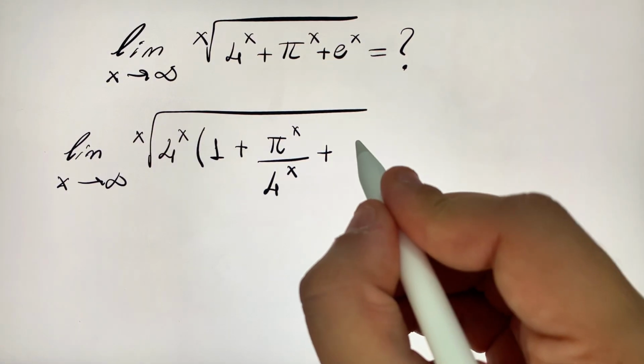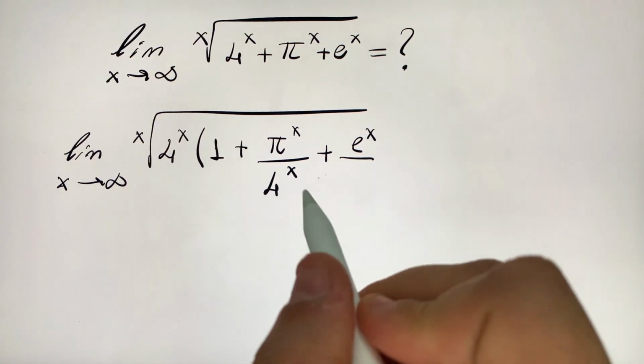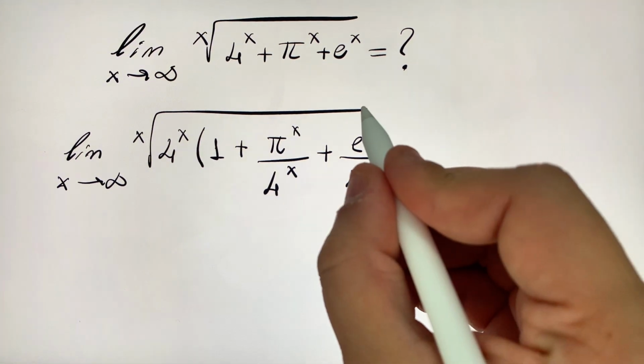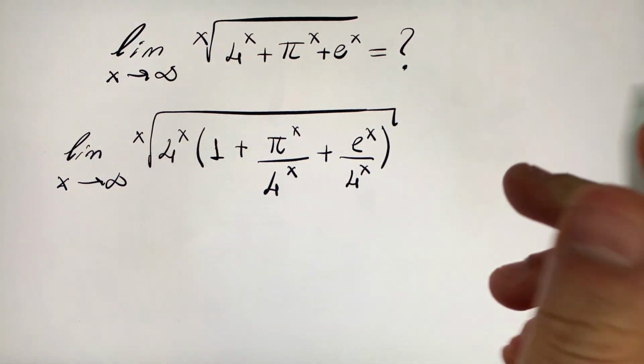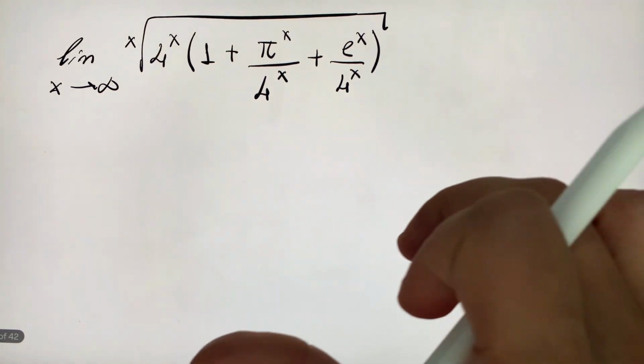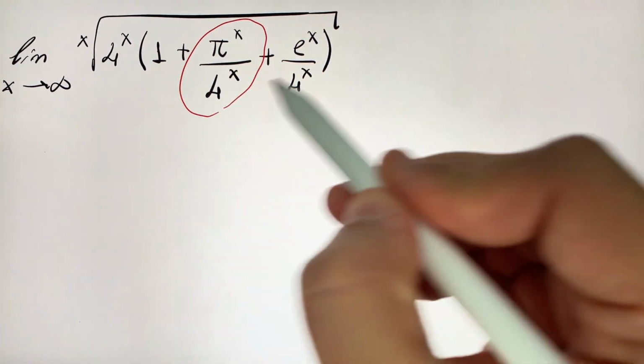Again, with the same logic, I write e to the x over 4 to the x and finish it. Now what can I do next? After that, friends, what should we do with the expressions here separately? We need to examine them.